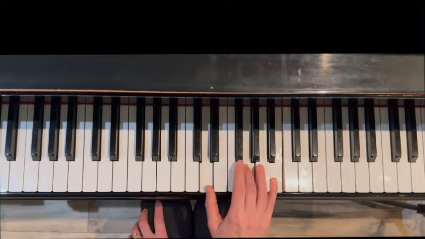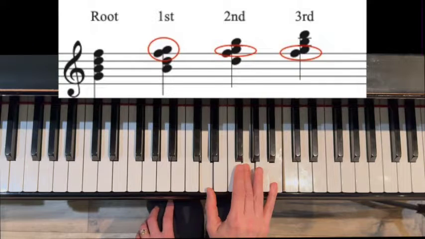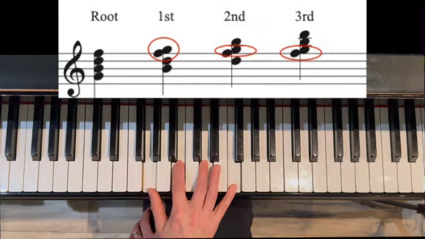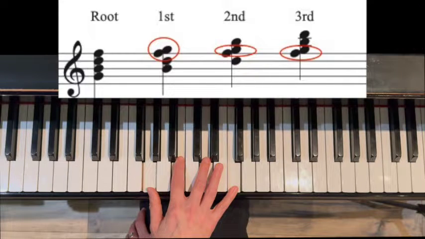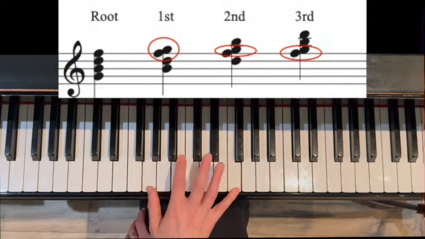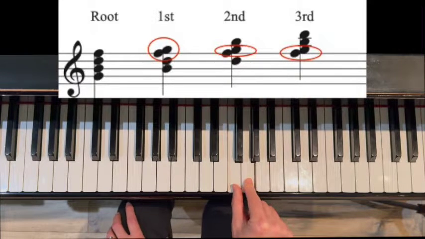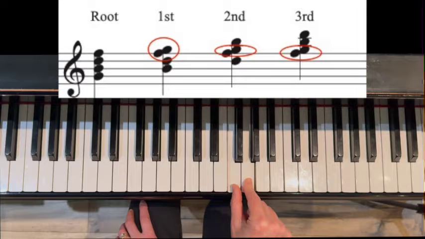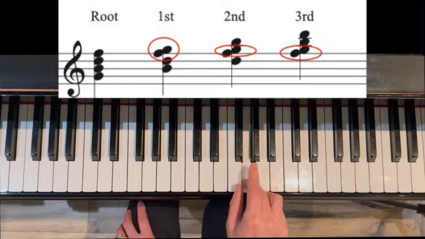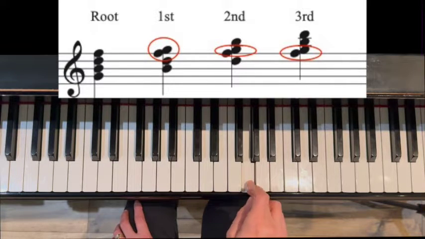So now we'll add the 7th. As I mentioned in the first video, the dominant 7 has 3 inversions. The root position has the 7th on the outside. When you invert this, it becomes a 2nd. So it's pretty easy to add the 7th note for that chord by just adding a whole step underneath the name of the chord.